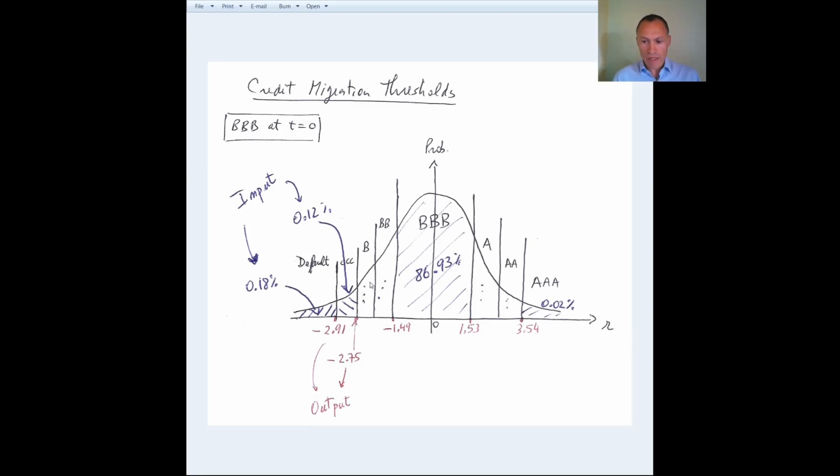And so on. I keep adding these probabilities and determining the thresholds, okay, until the end. So I get a series of thresholds for the value of the standardized return on the assets.